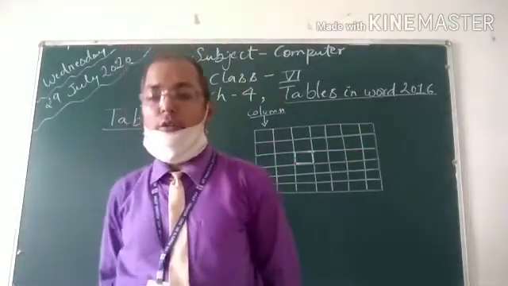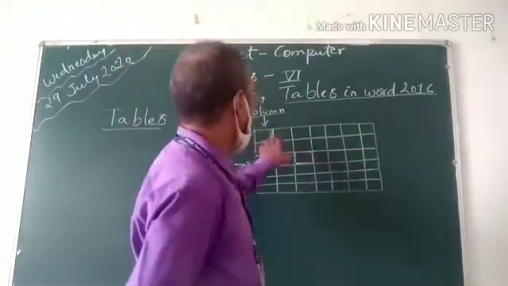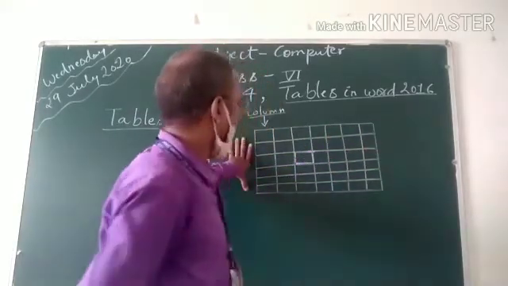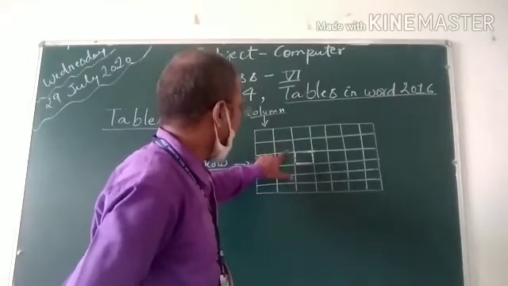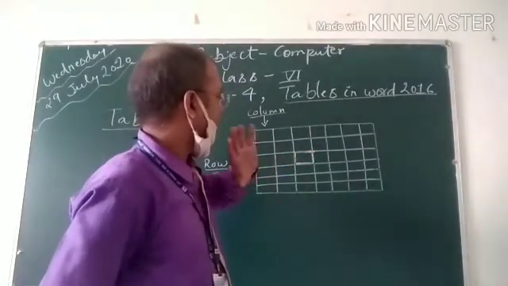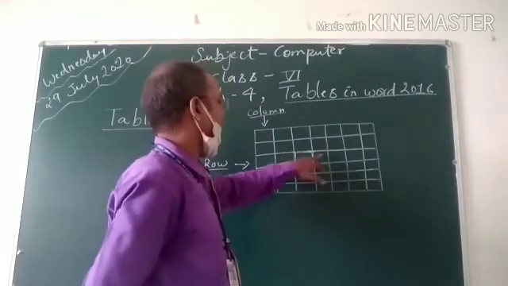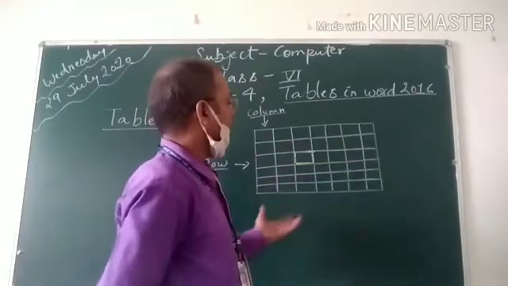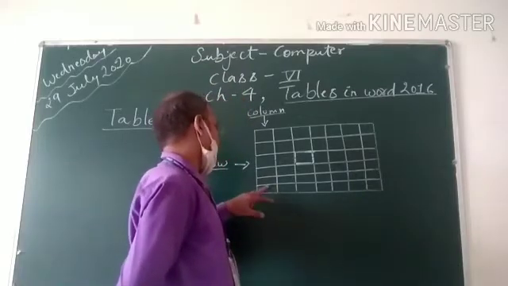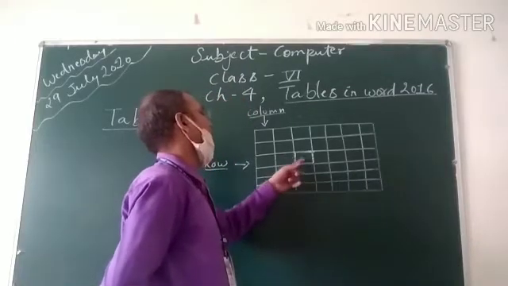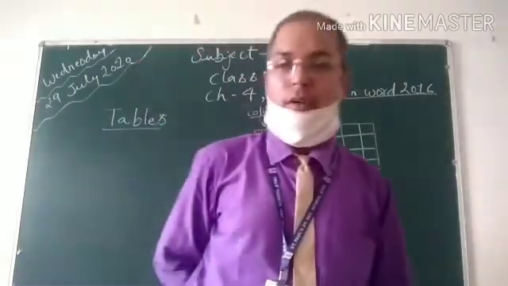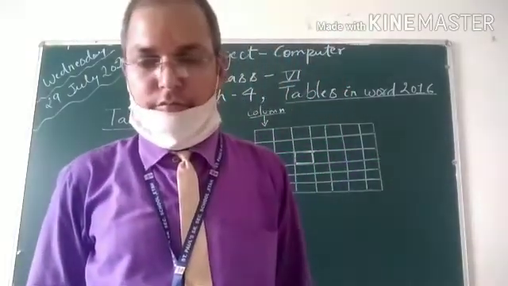Every cell of a table usually contains data. If you want to enter data in the table, you will enter the data with the help of a cell. Not only one cell; any cell in which you want to enter data, maybe this cell, maybe this cell, maybe all cells, all cells filled with data.